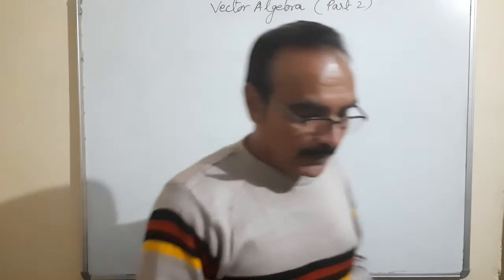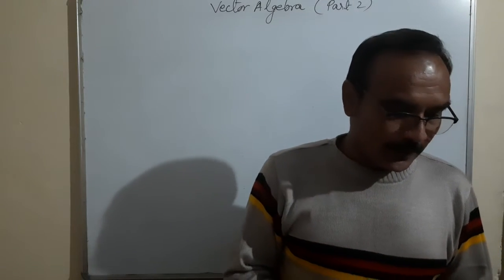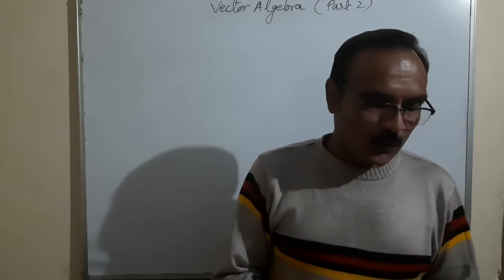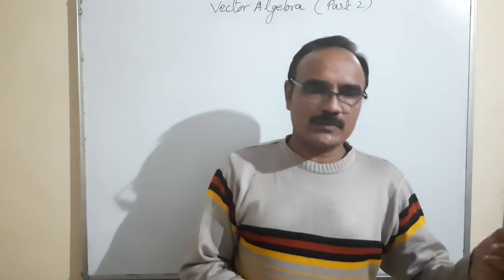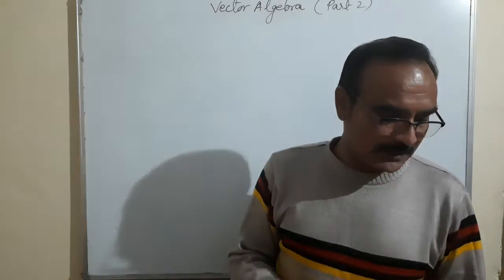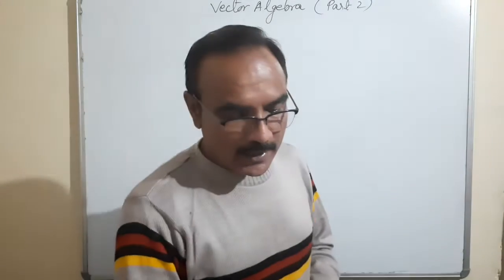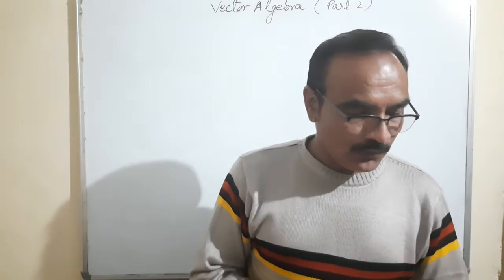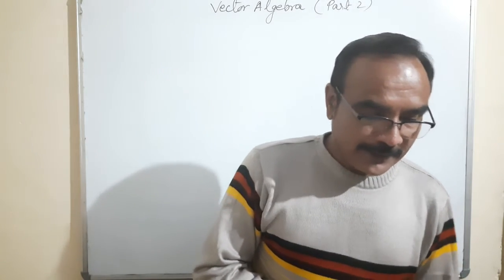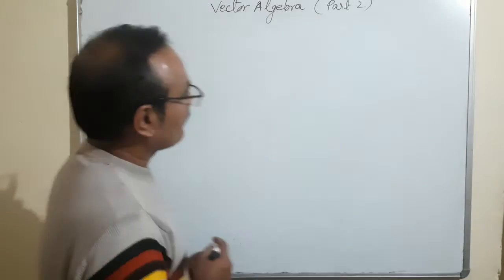Addition of two vectors, subtraction of two vectors. One thing clearly we know, that the magnitude of OP is equal to the square root of x square plus y square plus z square. Already we have discussed. Suppose there are two vectors. Let me tell you about the addition and subtraction. Then we can go for the vector joining 2 points.